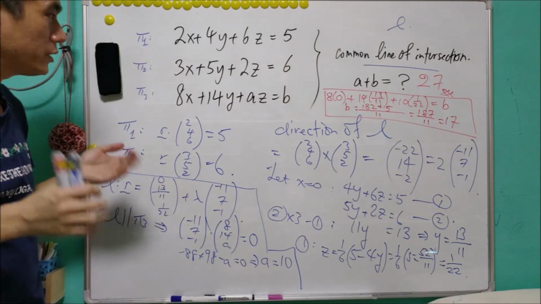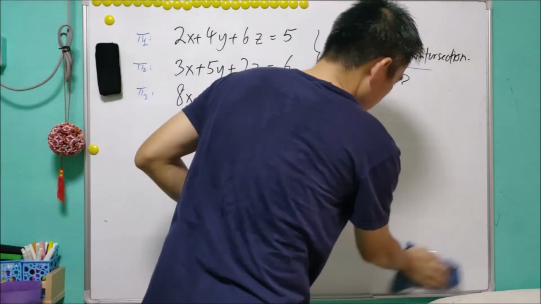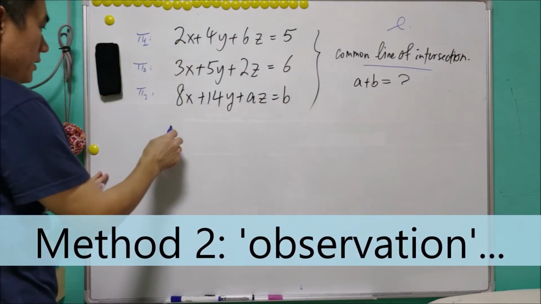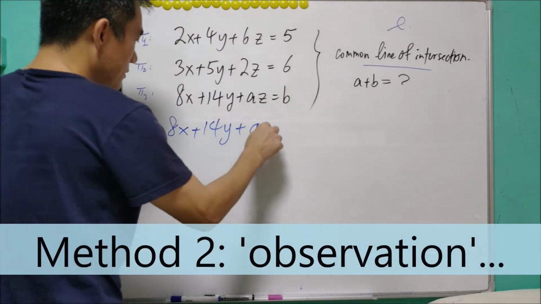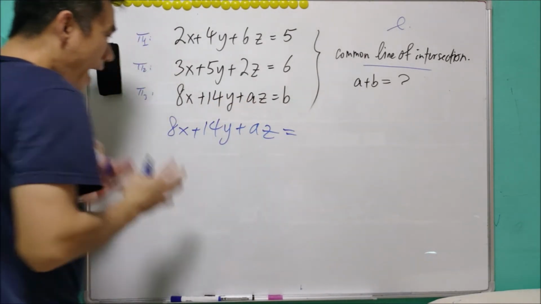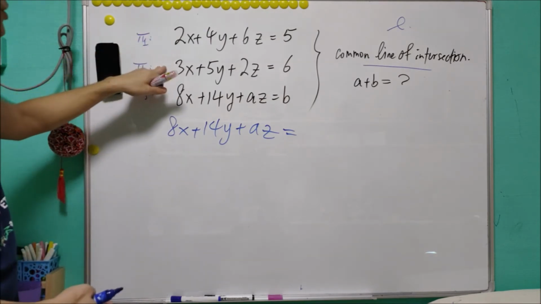For method 2, we need a good observation, and I'll show you now. From the given condition, we know that the third equation, 8x plus 14y plus Az, has to be a linear combination of the first two equations.